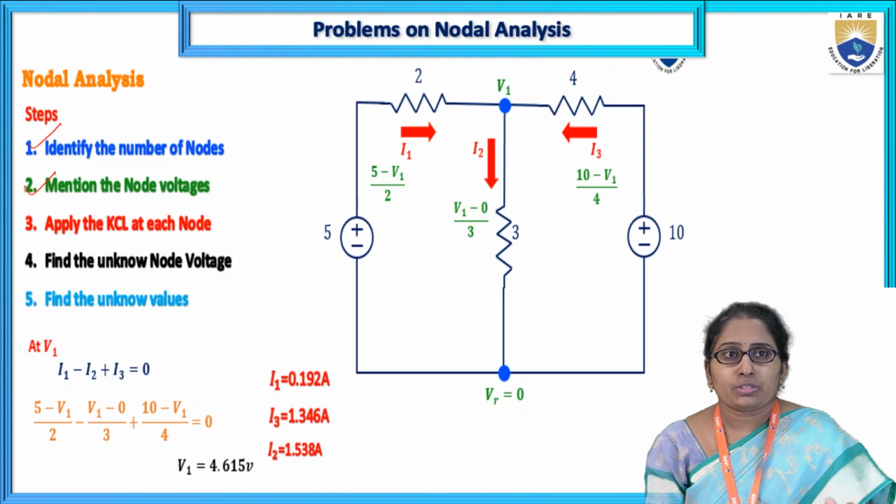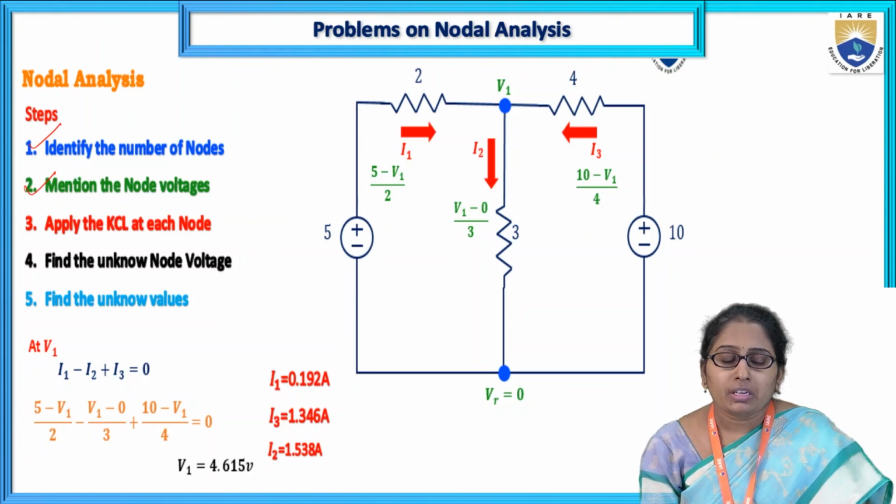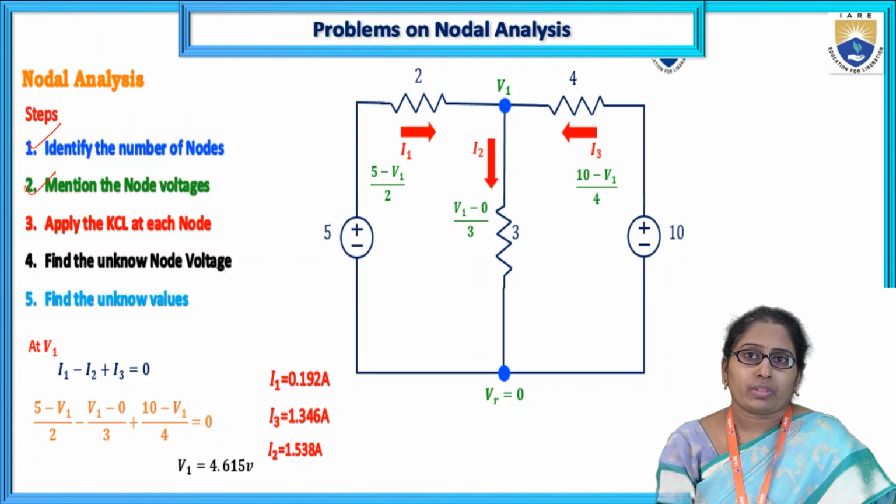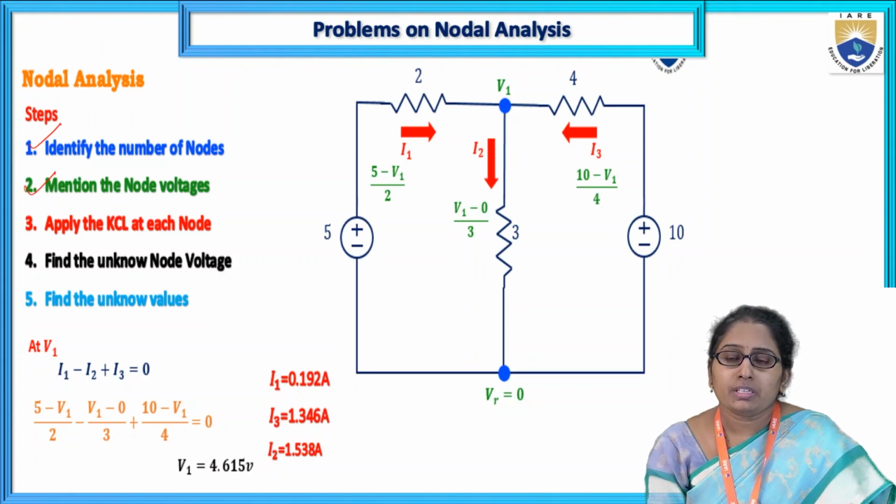One is the reference node, that is the first step, and the second step is to assume the currents in each element and apply KCL at each node, write the equations and solve them to find the nodal voltages and then currents.